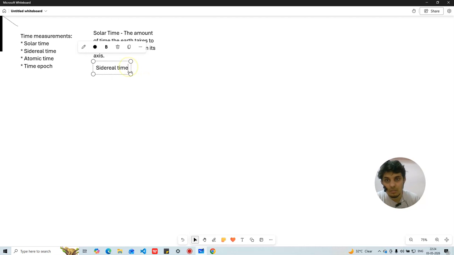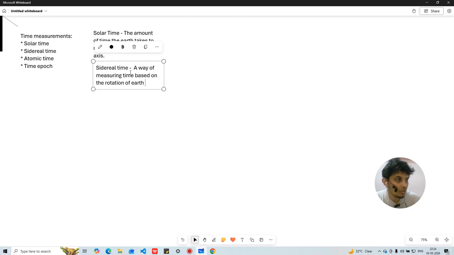It is a way of measuring time based on the rotation of Earth relative to distant stars instead of the sun. Sidereal time tells you which stars are overhead right now.